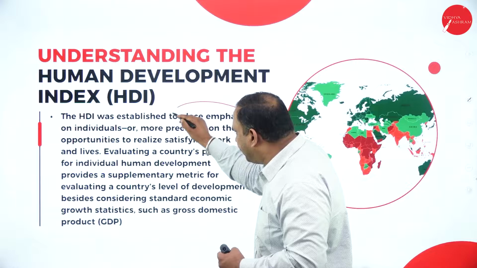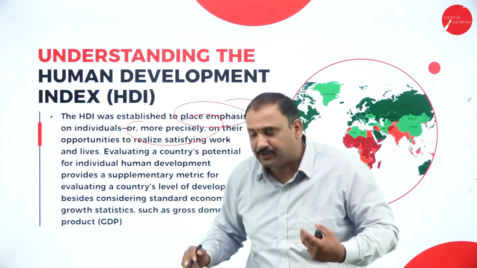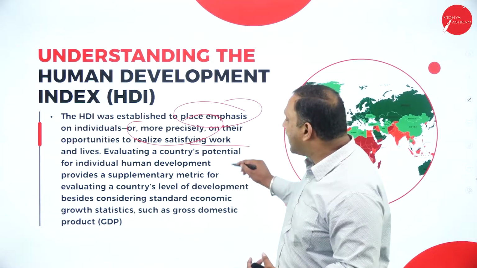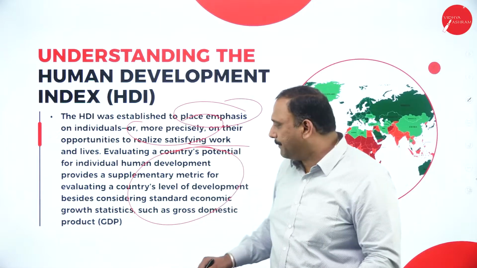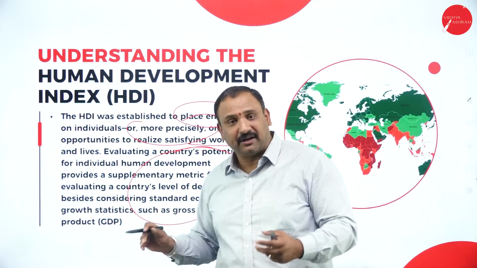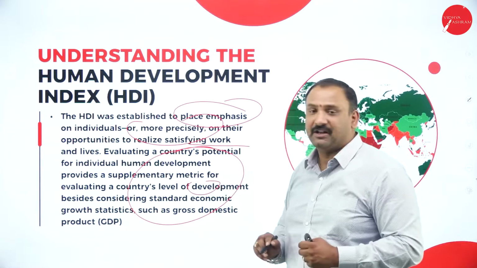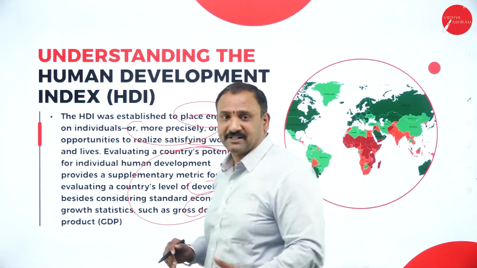Now, this is in place to put emphasis on individuals, or more precisely on the opportunities to realize satisfying work and lives. Evaluating a country's potential for individual human development provides a supplementary metric for evaluating the country's level of development, besides the standard economic or GDP statistics.